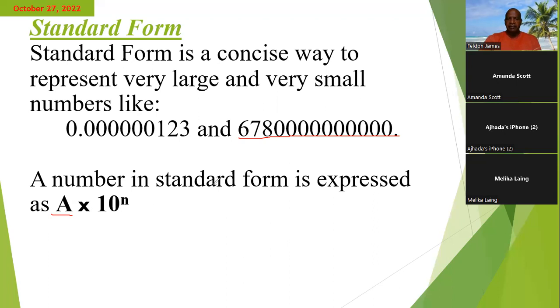And then you're going to determine a value for N, and whatever value N is, you're going to replace this N here in the form with that value. And then you would now have the number in standard form. So all you have to do is to find a value for A, find a value for N, and plug them in this general form, and you will get the number in standard form. Is that clear to everybody?